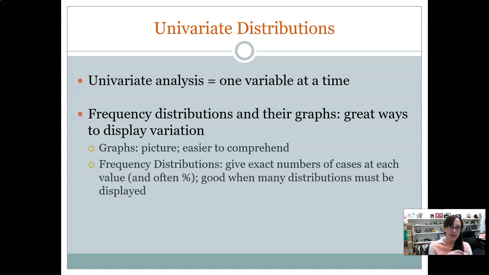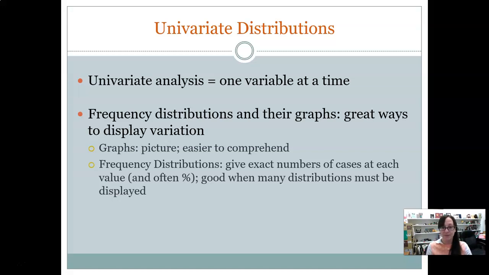You would use frequency distributions when you have a lot of variables to summarize. Sometimes it's good if you want to know the exact percentages and you don't need the pictorial representation, but it's most often used because you have a bunch of variables, and instead of making 20 or 30 pie charts or bar graphs, you put it into one nice table.